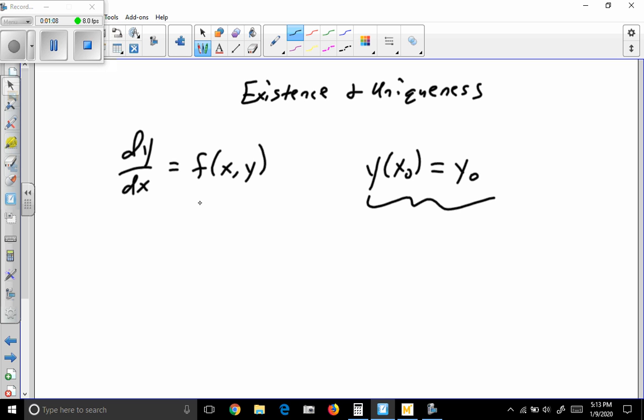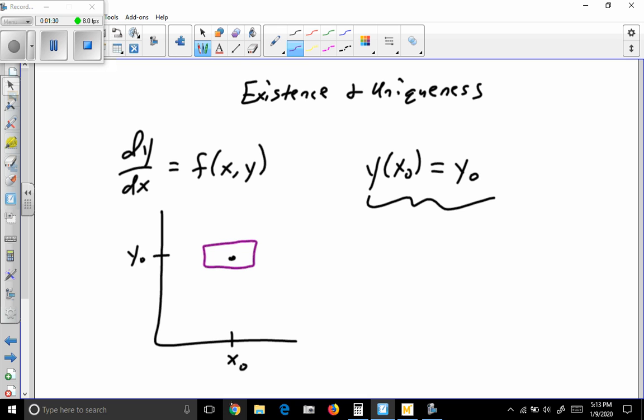So we have to show that there is a point x sub 0, y sub 0, and not only is there that point, but that it exists inside a neighborhood. So if we go slightly to the left or slightly to the right of x sub 0, then points around it, its neighbors, also correspond to a solution of this differential equation.